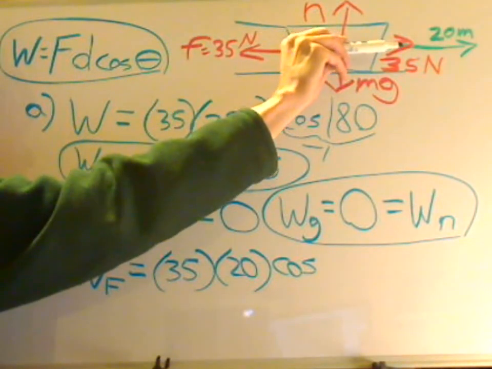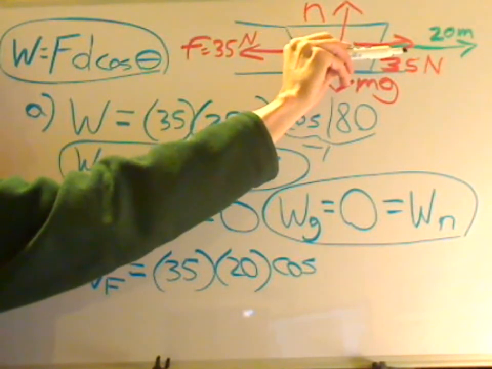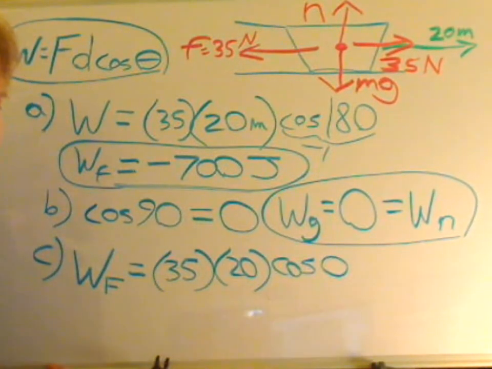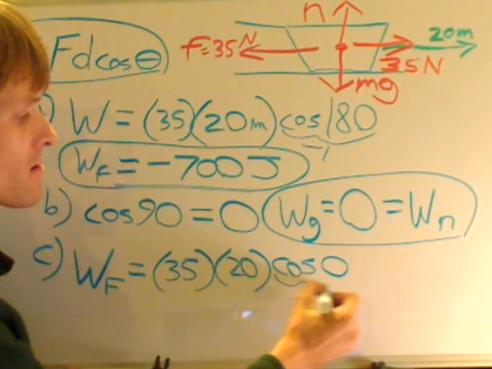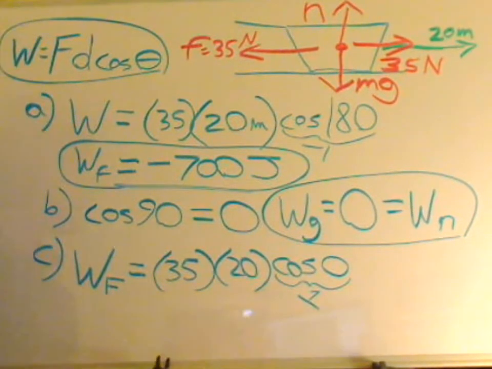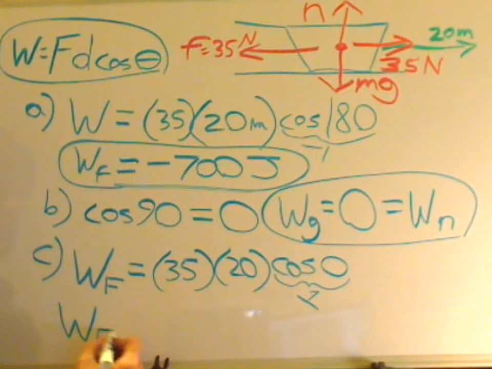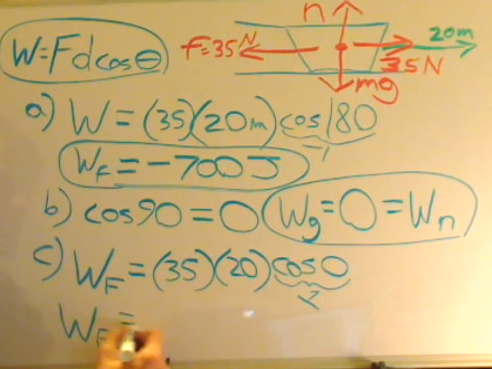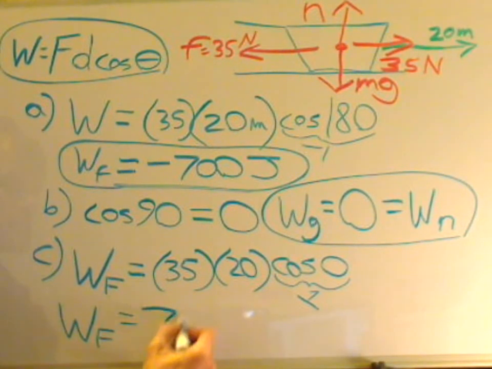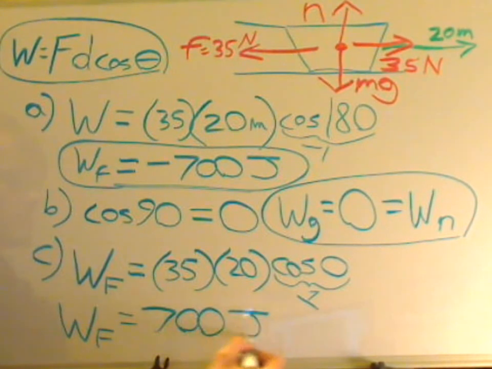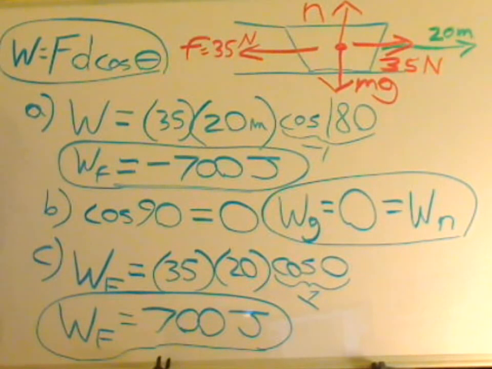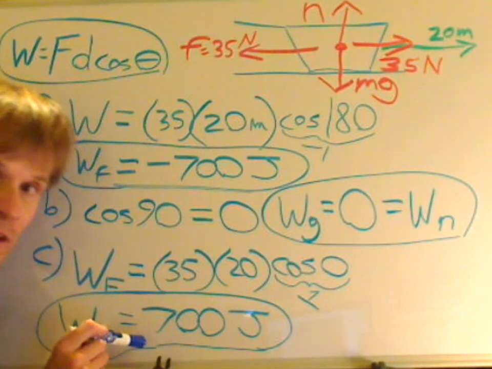Now, if the force is to the right, displacement is also to the right, that means our angle is 0, and the cosine of 0 is 1. So therefore, the work done by the shopper's force is 35 times 20 times 1. That is plus 700 joules. So the shopper is doing positive work on the cart.